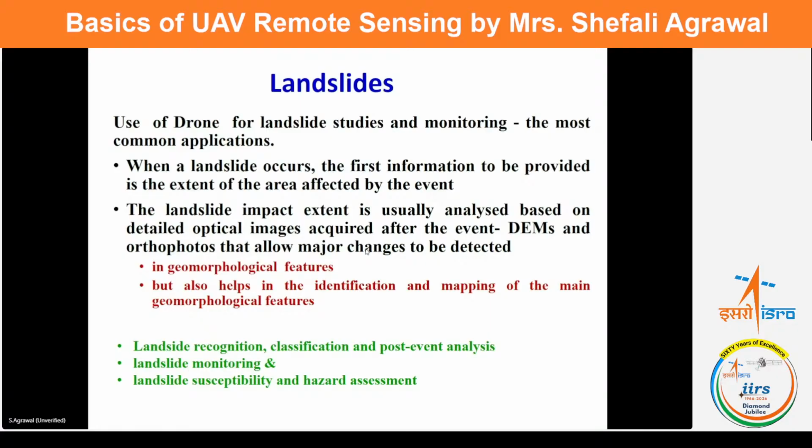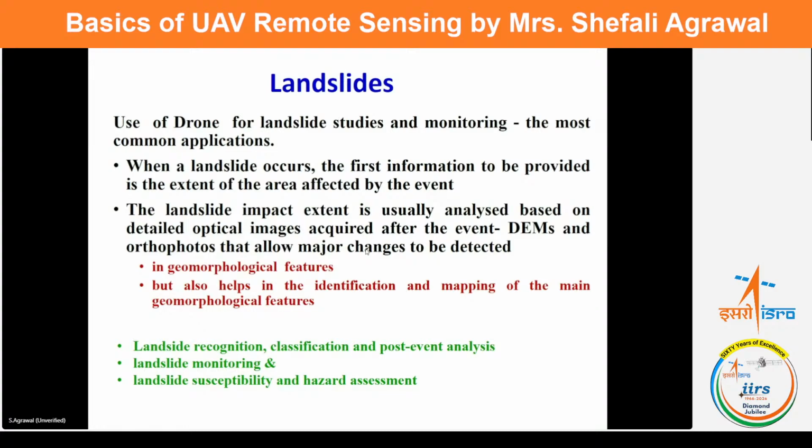The landslide impact extent can usually be analyzed based on the optical images which are acquired. Many a time satellite passes are not there, so immediately drones can be used to fly and collect the data, and they can be used to see where the damages are, what the impacted areas are.